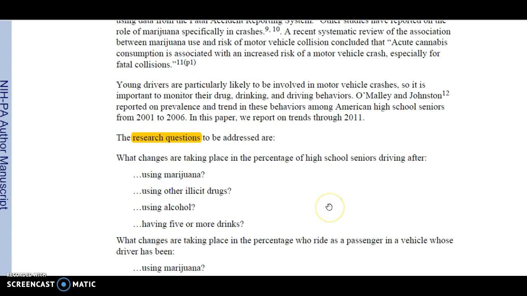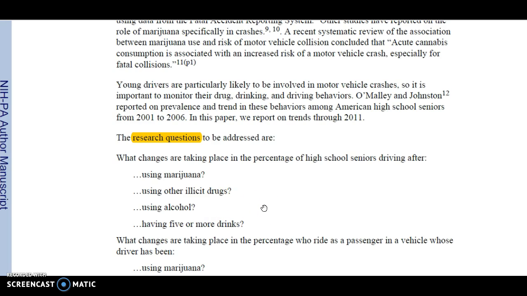And this is what they want to find out. It's like a hypothesis, but it's asked in a question format. For example, here, what changes are taking place in the percentage of high school seniors driving after using marijuana, using other illicit, illegal drugs, alcohol, etc.